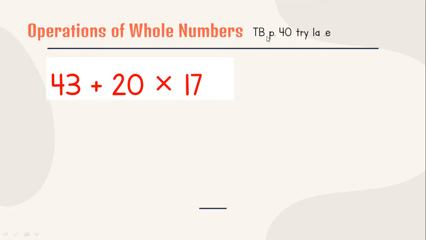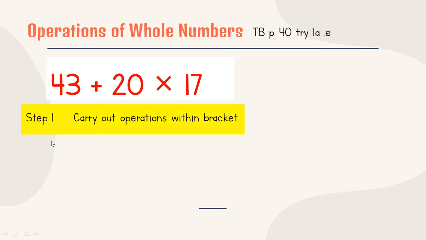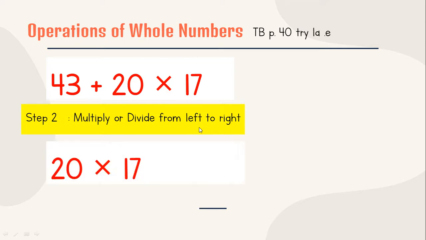Go to the next example. Please look at the textbook page 43, 1A point E. 43 plus 20 times 17. First step, carry out operation within the bracket. Do we have? Nope. So go to the next step. Multiply or divide from left to right. Do we have multiplication? Yes, this one. So from left to right, 20 times 17 equals 340.